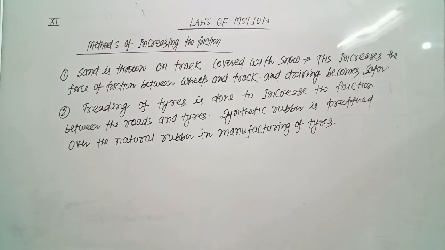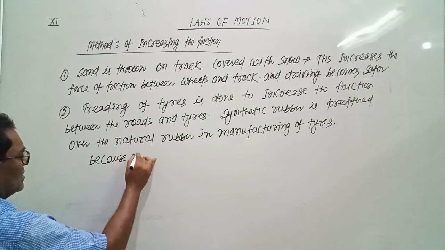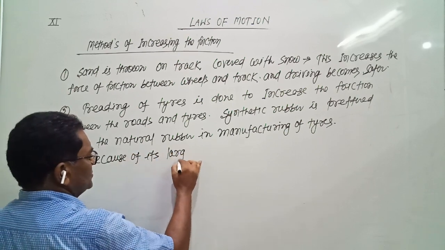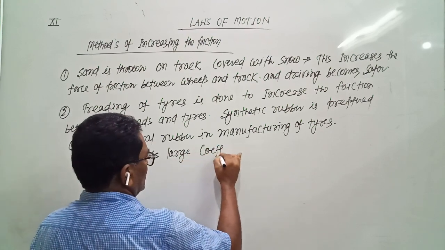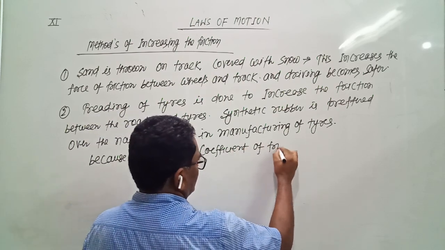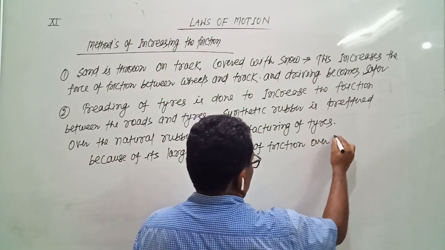Synthetic rubber is preferred over the natural rubber in manufacturing of tires because of its large coefficient of friction with the road.